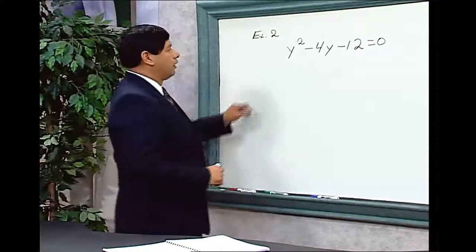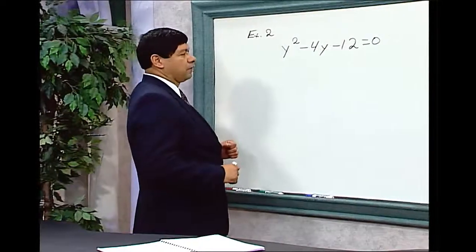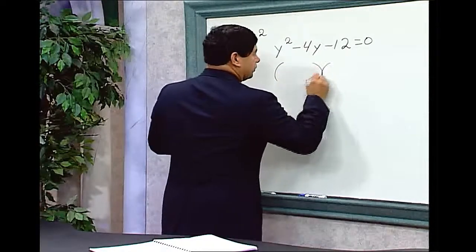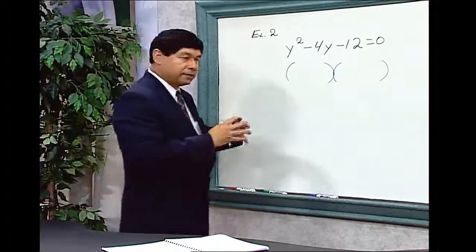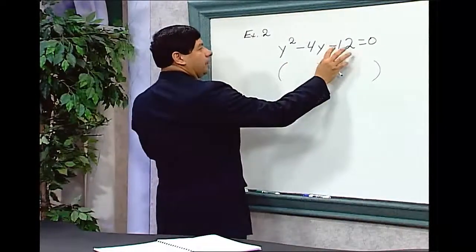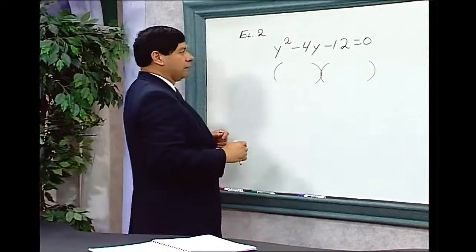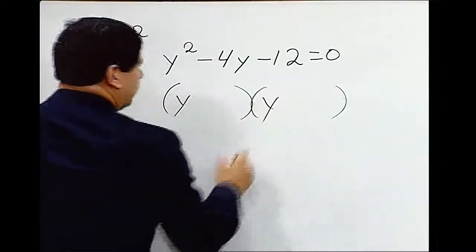Example 2. Our next term, we have y to the second power minus 4y minus 12 is equal to 0. Well, again, let's set up our factor process the way we've done before. When we combine the two terms, we will end up with a negative 4, but when we multiply the two terms, we'll end up with a negative 12. We're working with the y variable, so that's easy to do, a y and a y.